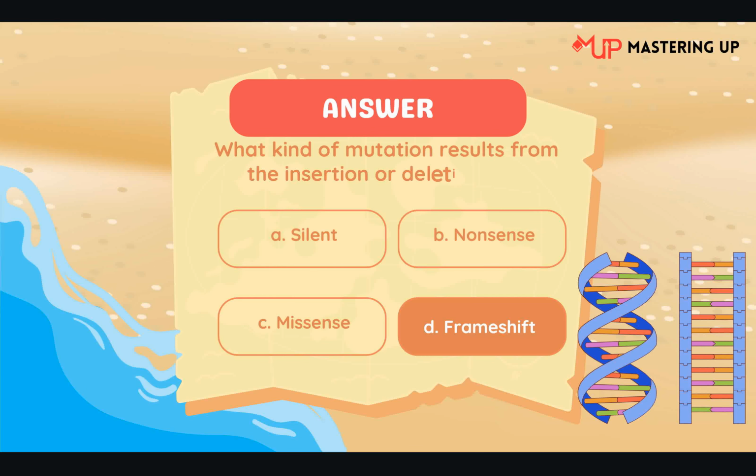Now let's see the answer. The answer is option D, frameshift. If a mutation involves insertion or deletion of a nucleotide, it's called a frameshift mutation. Hope you all got the correct answer.